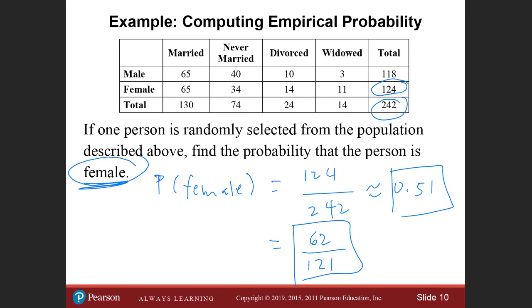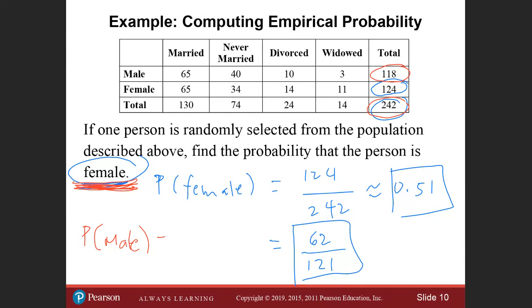What if you're asked to find the probability of a male? So a male, it's 118 here divided by the 242. So that will be your answer. This is just an additional question, since our question was looking for the female a while ago, and we have the answer already.